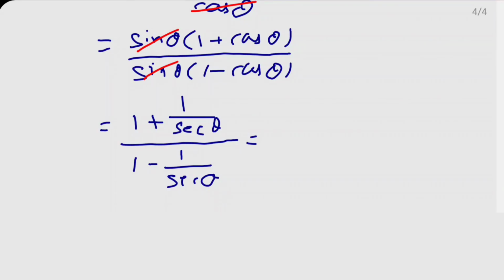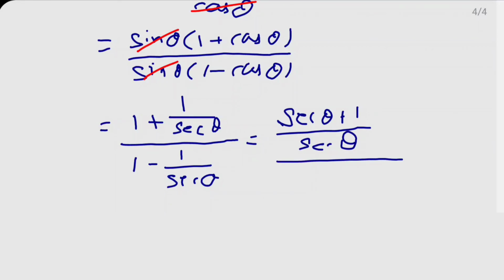So now here take LCM in the numerator, so here we got (sec theta plus 1) divided by sec theta, and this divided by, so in the denominator also take sec theta, becomes (sec theta minus 1) divided by sec theta.